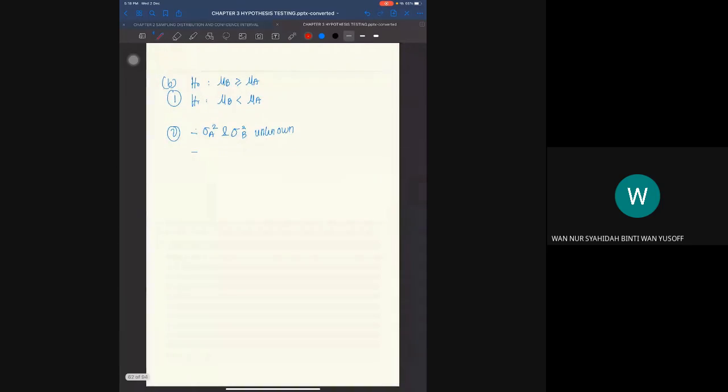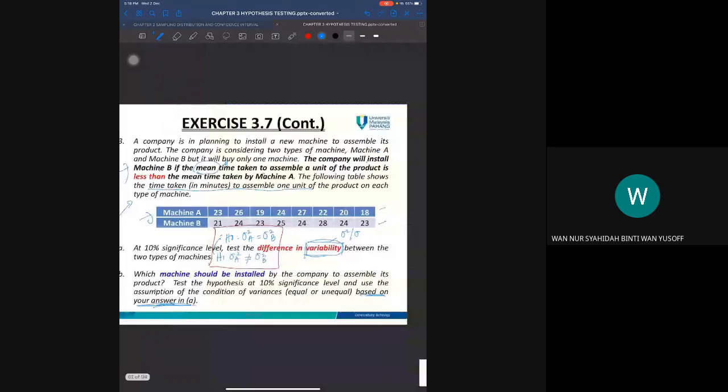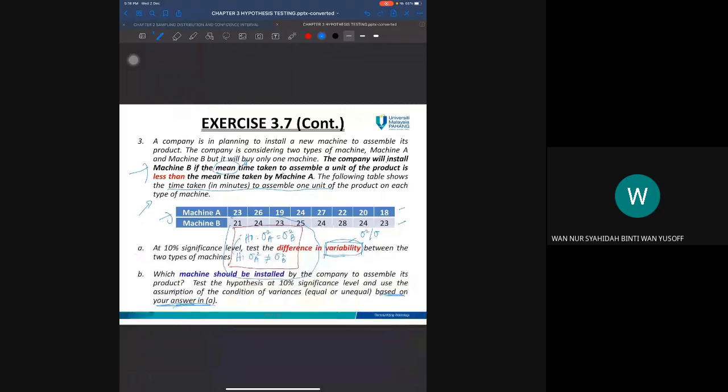So the second condition here, whether sigma A square equals sigma B square or sigma A square is not equal to sigma B square, depends on your answer in A. In A, you test this hypothesis.